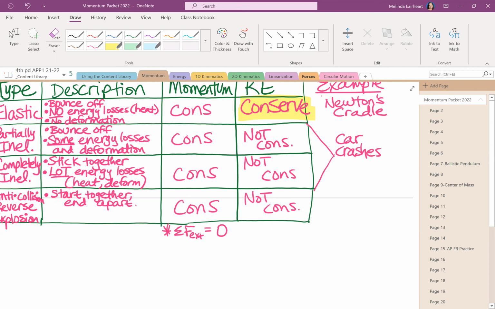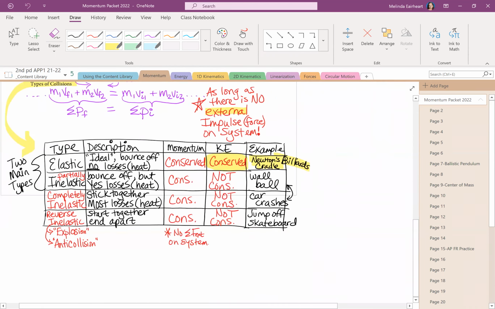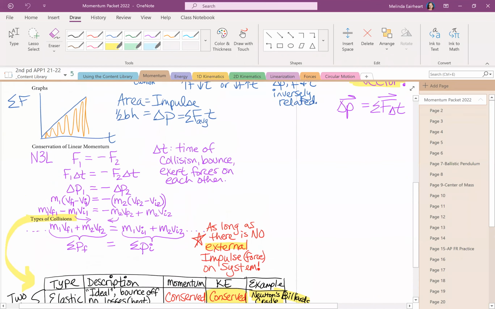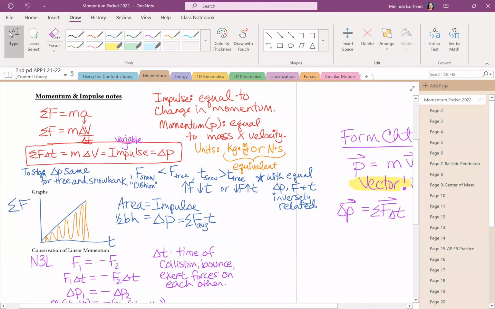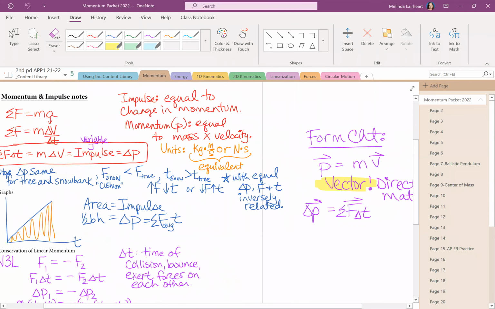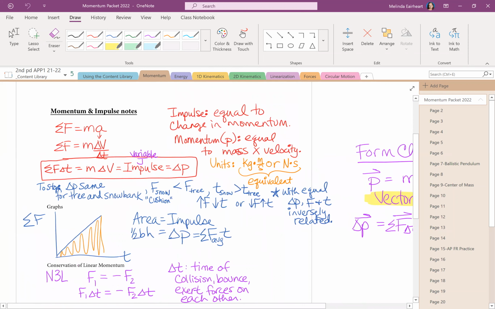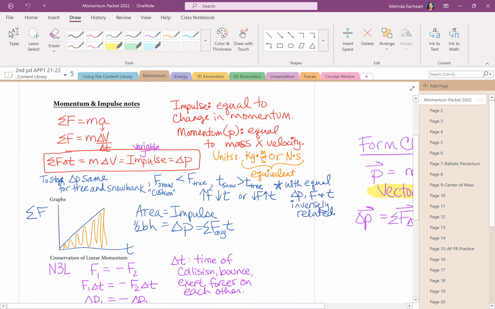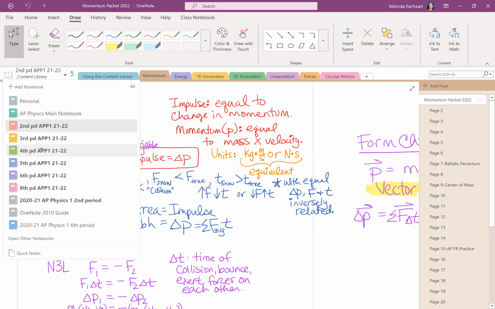Okay, I feel like I'm missing something. Hold on one sec. Where's my table there? No, that's it. I did that. Inverse relationship, we talked about vector. We talked about J. I think we got it.